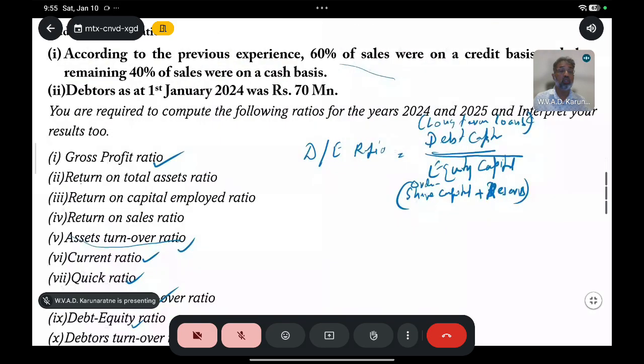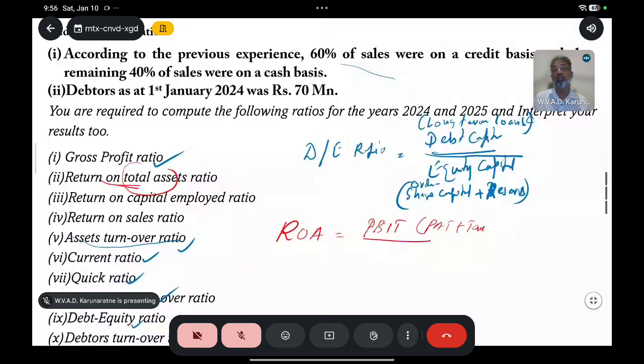Then, if you want to take return on assets, then return on total assets. So how to calculate ROA? What is the way? Profit before interest and tax. That means profit after tax plus tax.